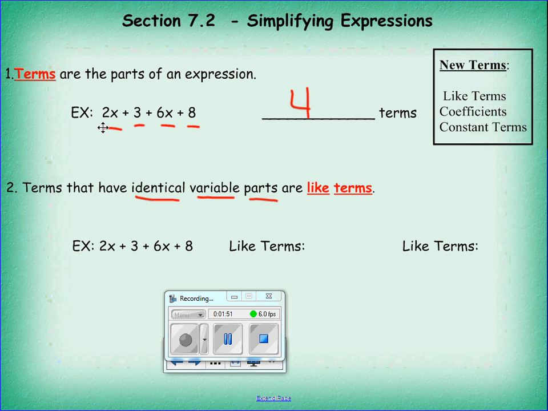Our like terms in this expression will be 2x and 6x are like terms, and the 3 and the 8. Note that each of those like terms have in common, on the first example, they both have an x for a variable, and then the like terms, 3 and 8, are both constant, and we're going to go into explaining each of those on the next slide.